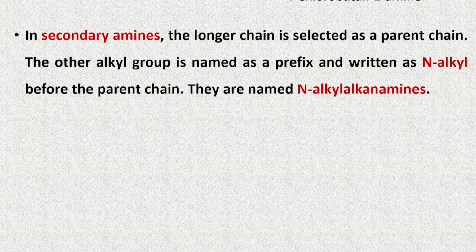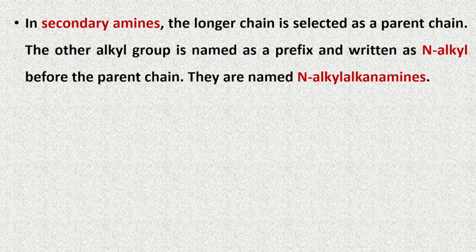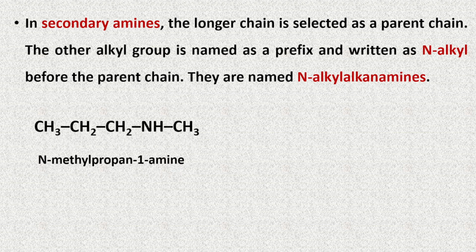2-amine. In the secondary amine, there are two alkyl substituents. So the longer chain is selected as the parent chain, while the other alkyl chain is named as a prefix and written as N-alkyl before the parent chain. For example, there are two alkyl groups, methyl and propyl.